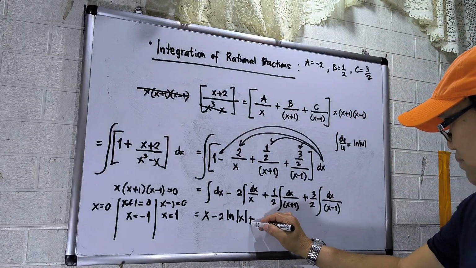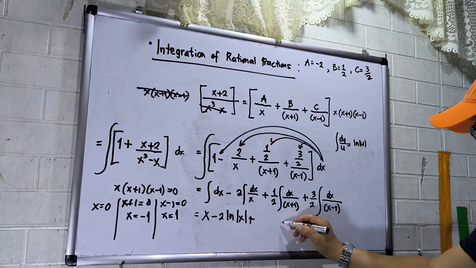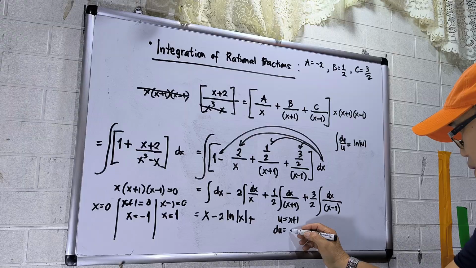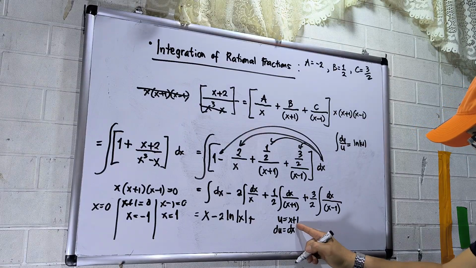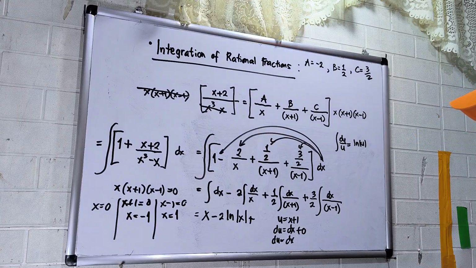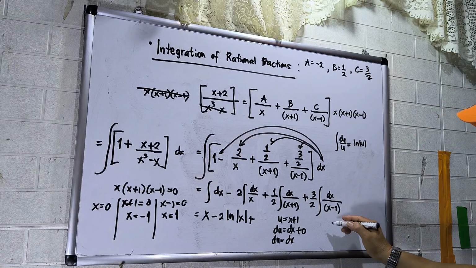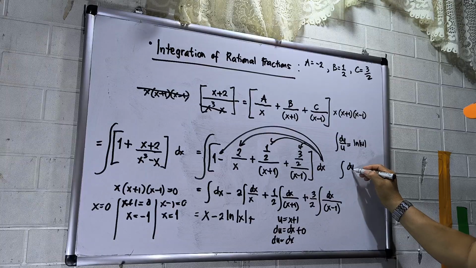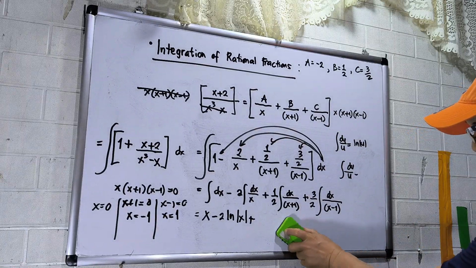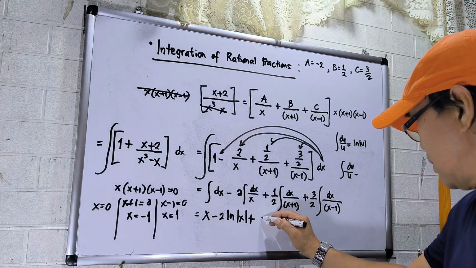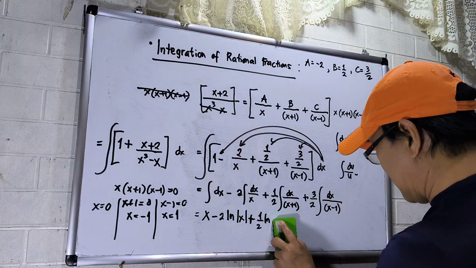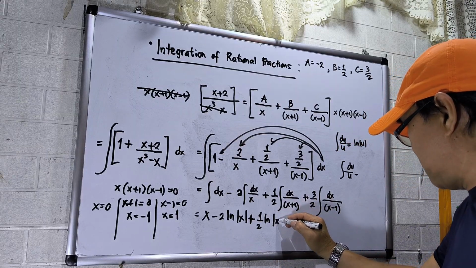Then plus, u in here will be x plus 1. Then du over dx will be 1, right? Okay. So du equals dx. So dx is du, so du over u. So this is ln u. This will be 1 half ln absolute x plus 1.